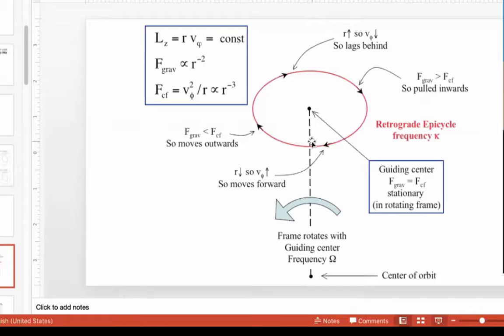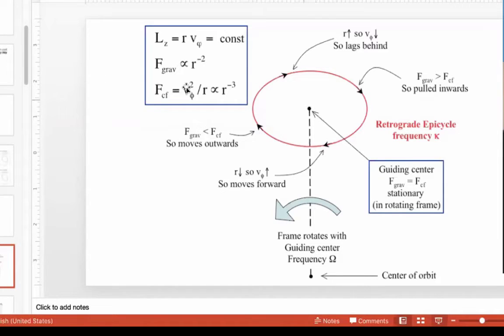It's beating the gravitational force, and so you're in effect pushed back like this. In every case, as soon as you get away from the guiding center, you're pushed back towards the guiding center. You can approximate these deviations from the equilibrium position as a linear restoring force. We can expect to see simple harmonic oscillation around the equilibrium.